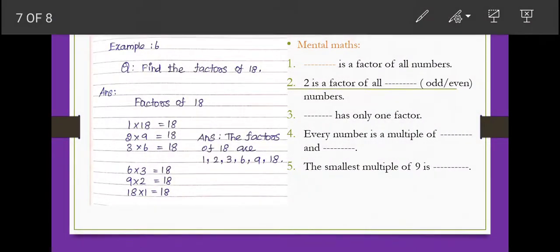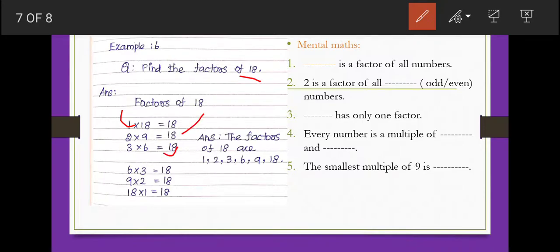Example 6. Find the factors of 18. 18 means when you say the table, the answer is 18. So factors of 18 we are going to find. 1 eighteen is 18. That means 1 is a factor of all the numbers. Next, you have to say the table one by one. So when that answer comes, that number you have to write. That means 2 nines are 18, 3 sixes are 18.